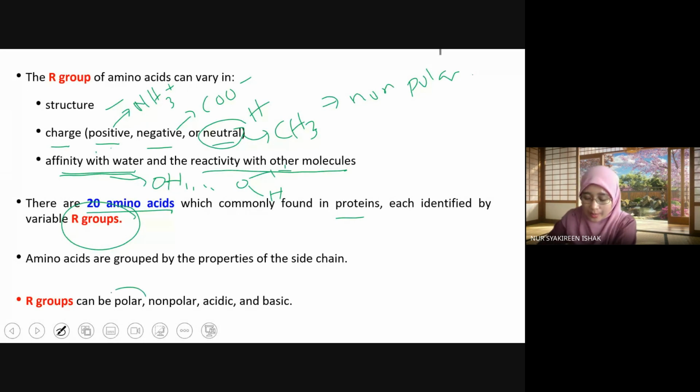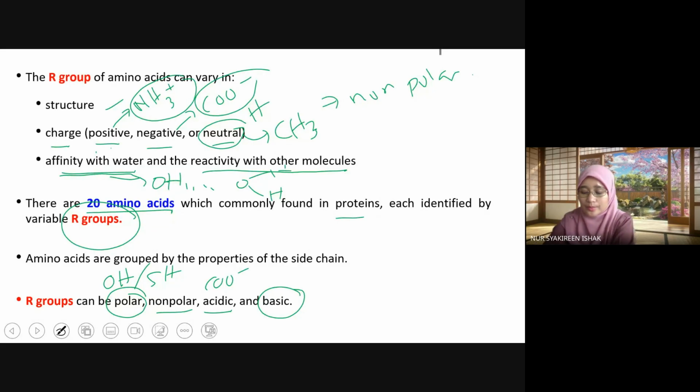R groups can be polar if the side chain has hydroxyl, for example, or sulfhydryl. Non-polar if it consists of hydrocarbon, only carbon and hydrogen. Acidic if it has a carboxyl group, COO negative, and hence the amino acid will have a negative charge. And then basic if it has an amino group, and hence the amino acid will be positively charged.